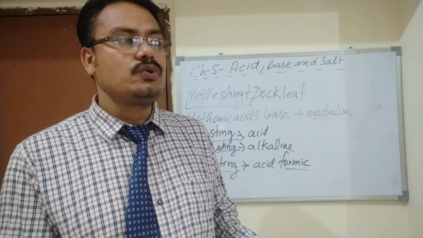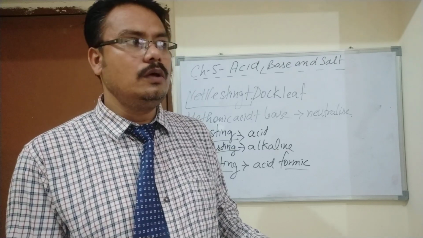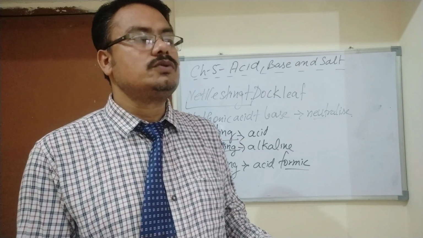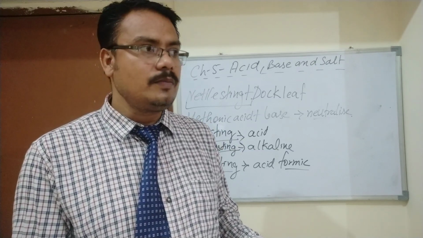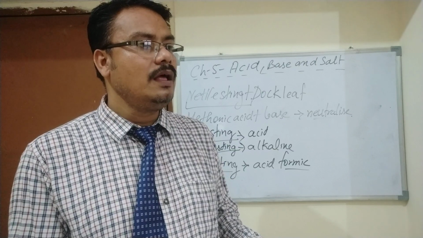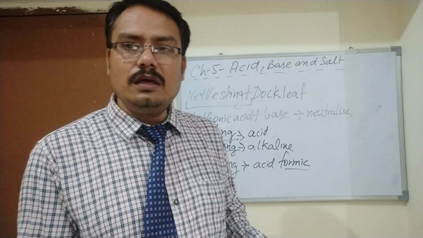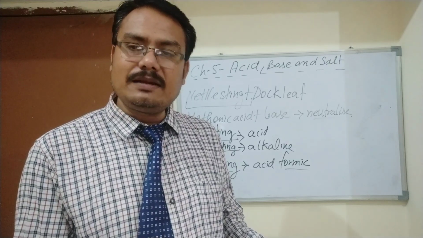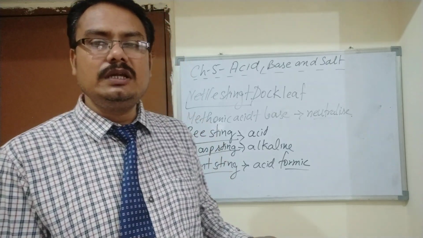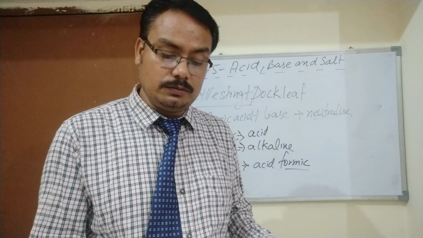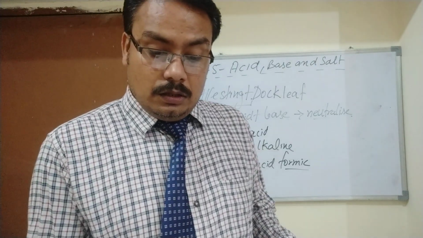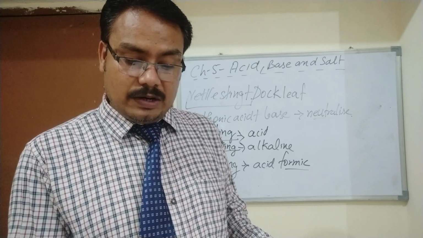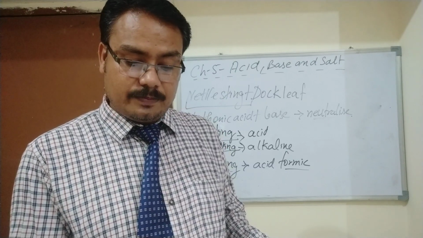The farmer just throws calcium hydroxide or sodium hydroxide in the field and then irrigates it. Those dissolve in the water, get mixed in the soil, and slowly neutralize the acidic nature. Calcium hydroxide and sodium hydroxide are bases.